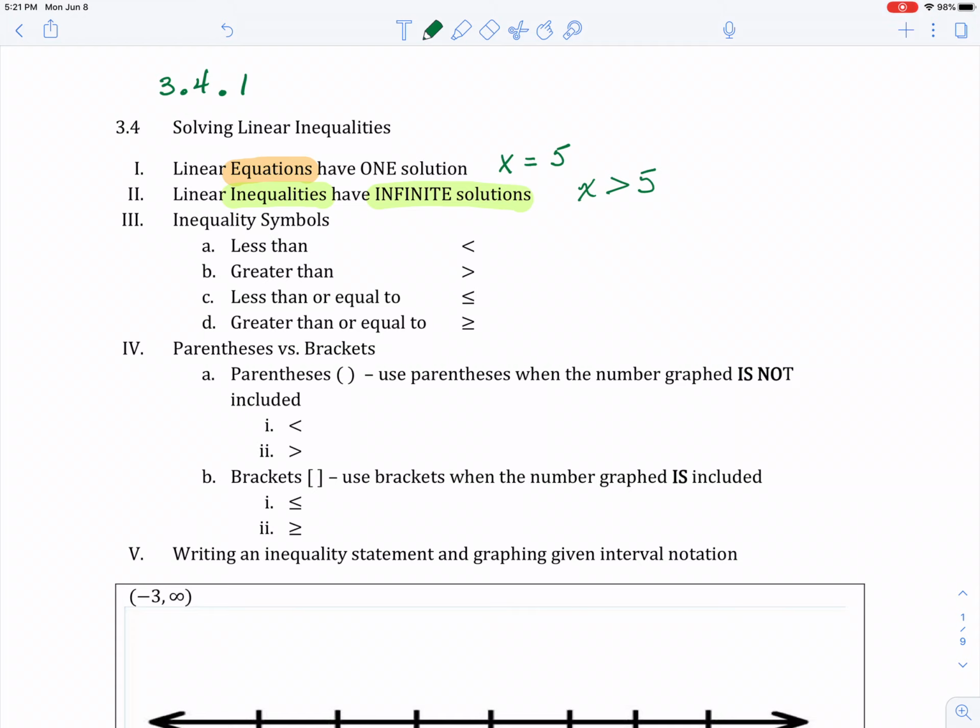When the number is included in the graph, we'll be using brackets. So the parentheses will go with the strict is less than or the strict is greater than. The brackets will be used when it's is less than or equal to, meaning including that value, or greater than or equal to. So these are the ones for brackets down here in the second category.